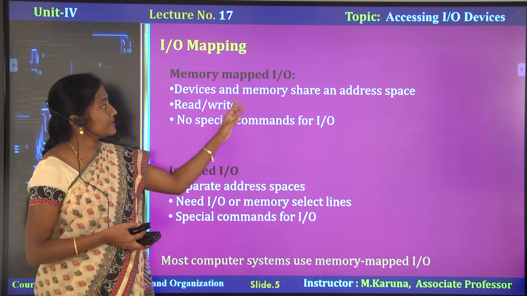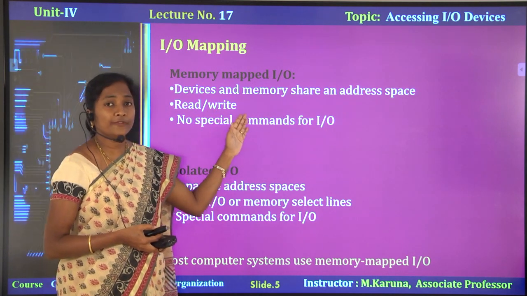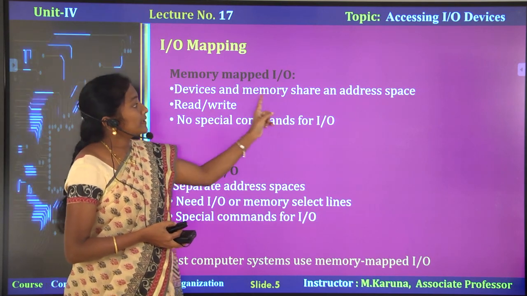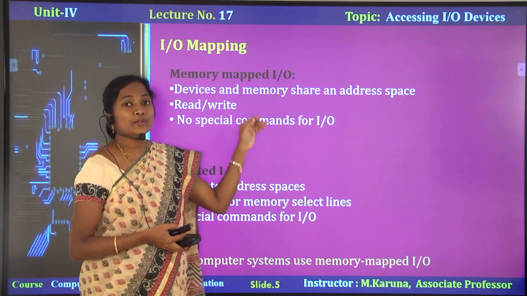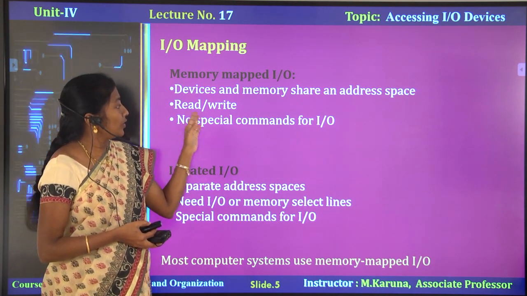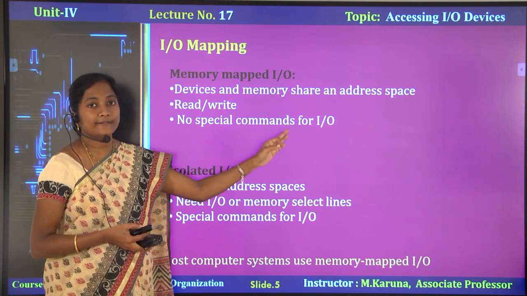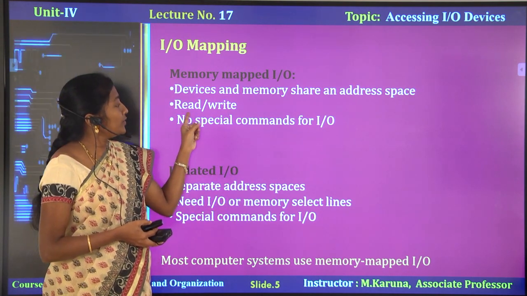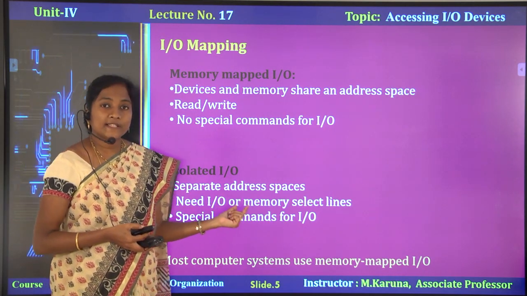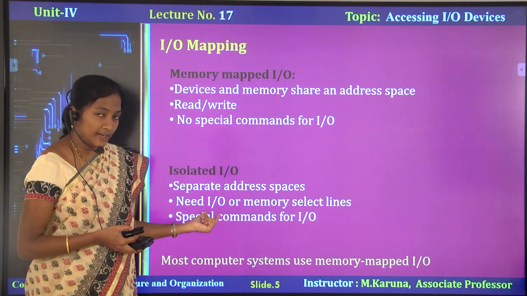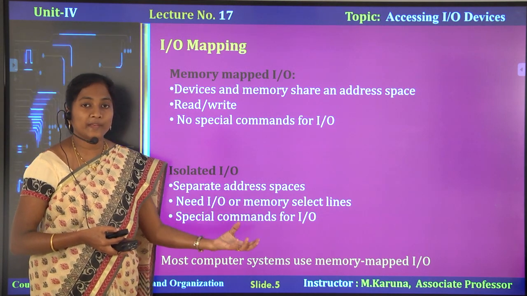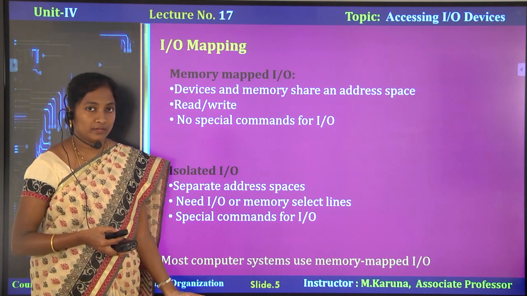In memory mapped I/O, the same address bus is used for accessing memory and I/O devices, and there are no special commands for I/O; we only use read and write signals. In isolated I/O, separate spaces are used for memory and I/O addresses, so separate address lines are used to address memory and I/O devices.